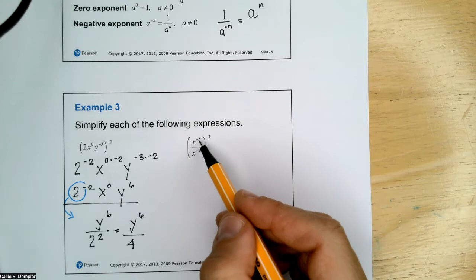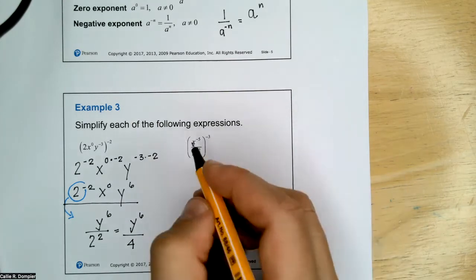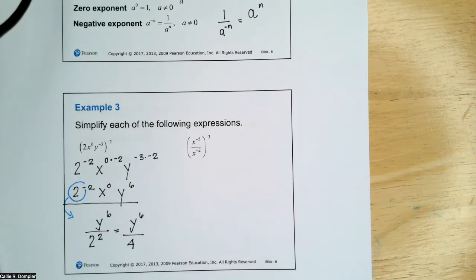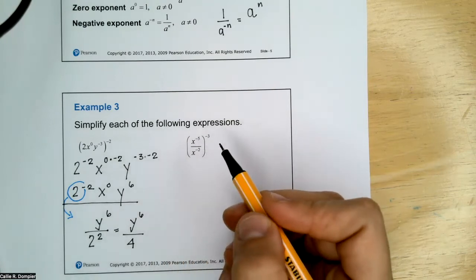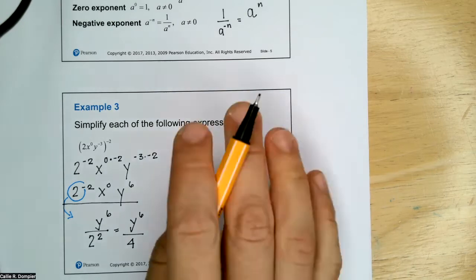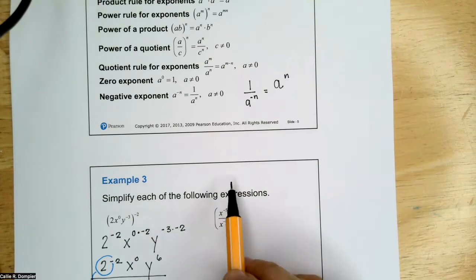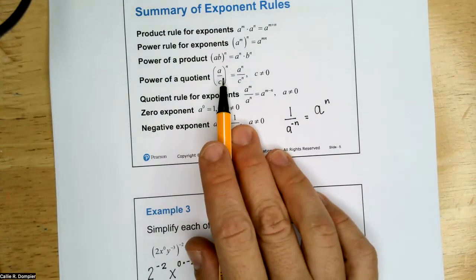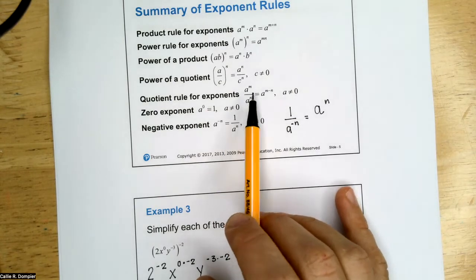Here we have x to the -5th over x to the -2nd, raised to the power of x to the -3. So you're welcome to do that inside the parentheses first, because those are the same base, right? It's possible to use the product of a quotient first. It might be easier to use the quotient rule first, okay?